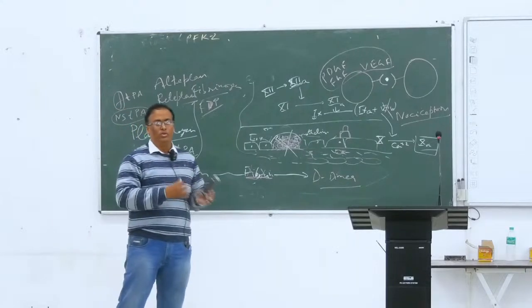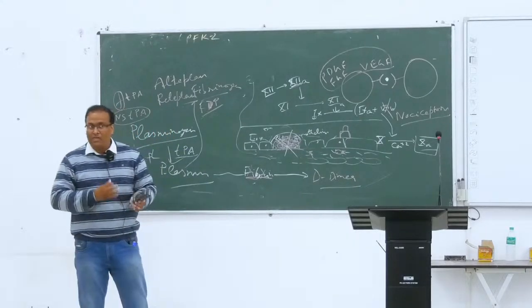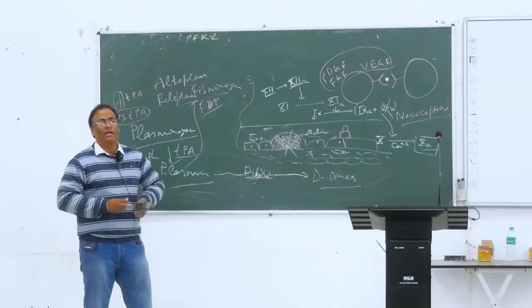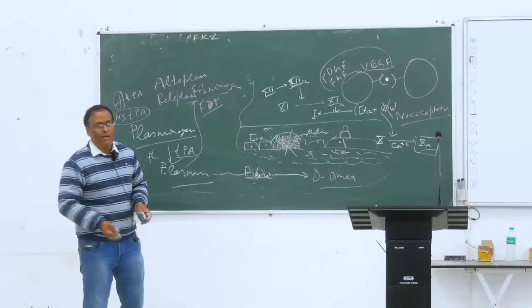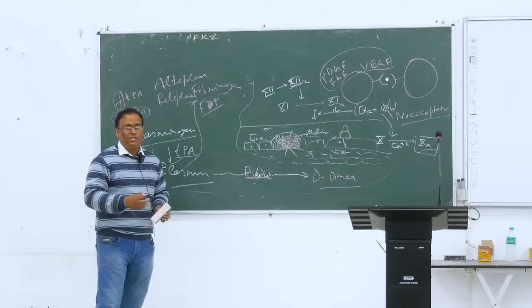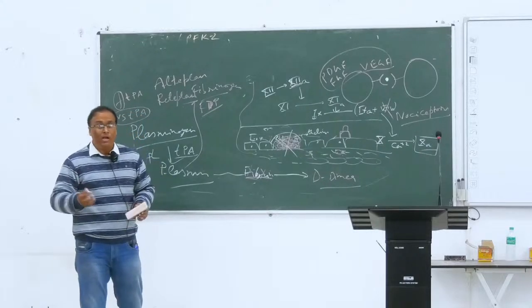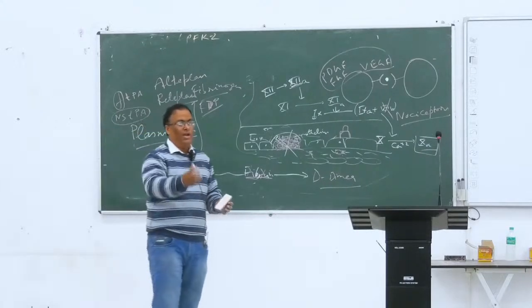Why are we doing so many things, what are the implications? Then only you can get interest, otherwise no. If you don't know von Willebrand disease, hemophilia and other things, like petechial rash and purpura, then you will look out for them in your relatives also.